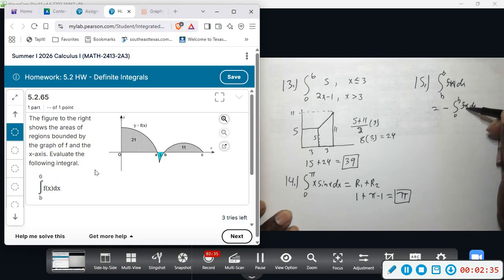All right, so this integral from 0 to b is going to be 21, and then we would subtract 3. So 21 minus 3 will give us 18, so we'll get a negative 18, following that property of integrals.